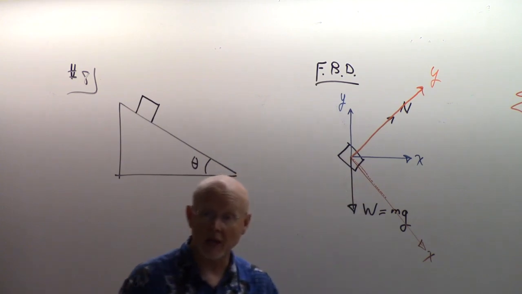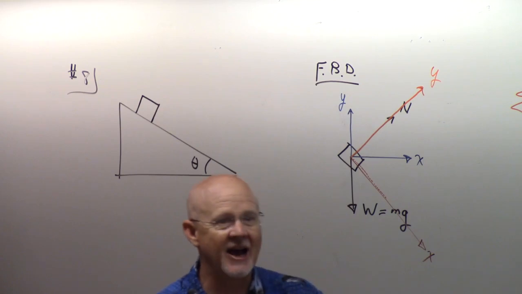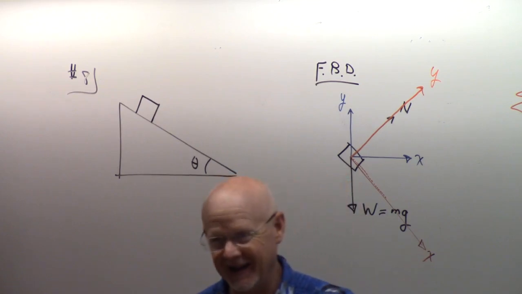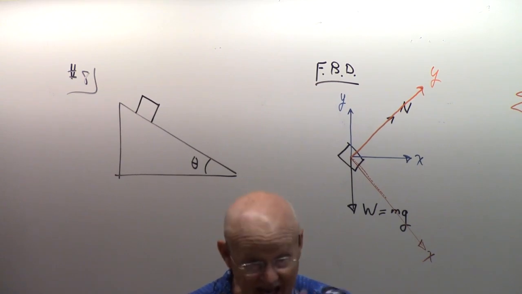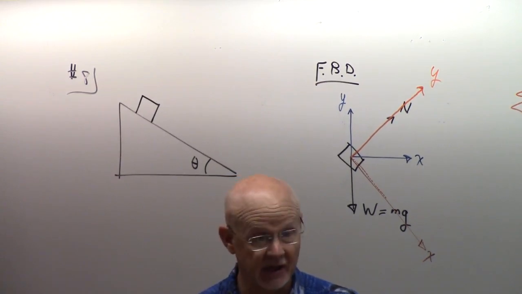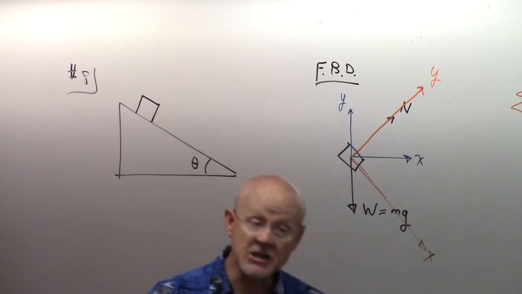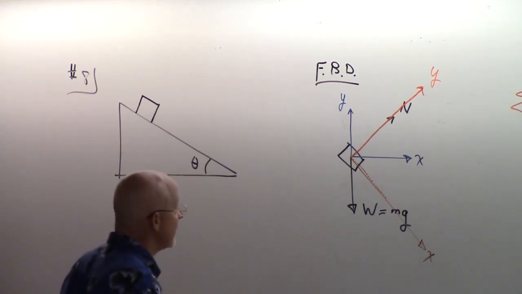Now let me say that again, because I want to emphasize the weight is still down. It's just down is not the negative y axis. So that is the sad piece of tilting our axis. So pros and cons. But this is not a real big con, but we probably want to think about it here.